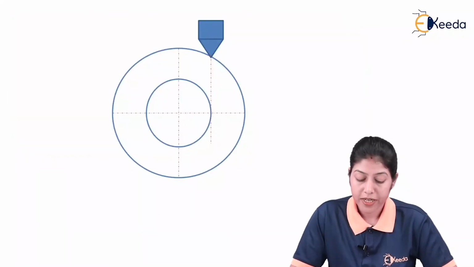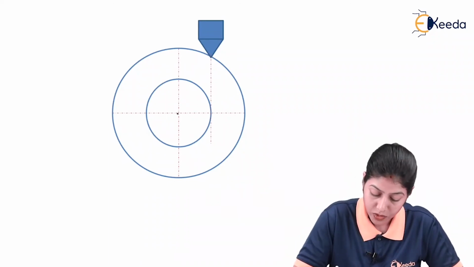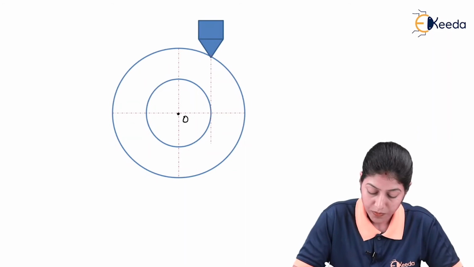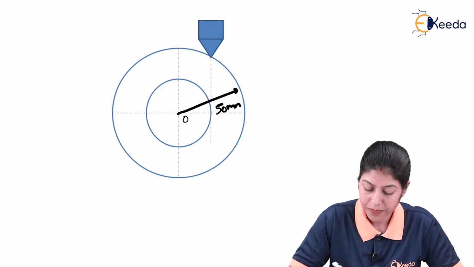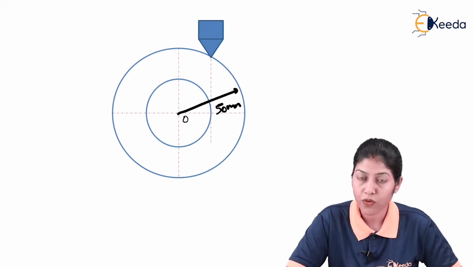For the offset condition, first we need to draw the base circle. So this is our center O, and we have the base circle as 50 mm, and we have to define the position of the follower first.